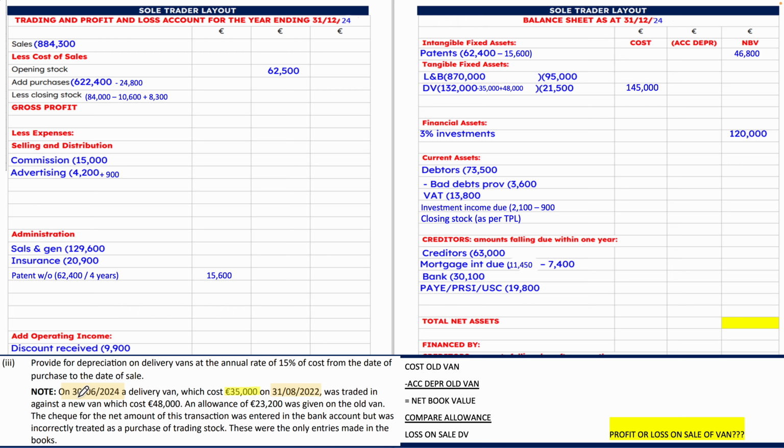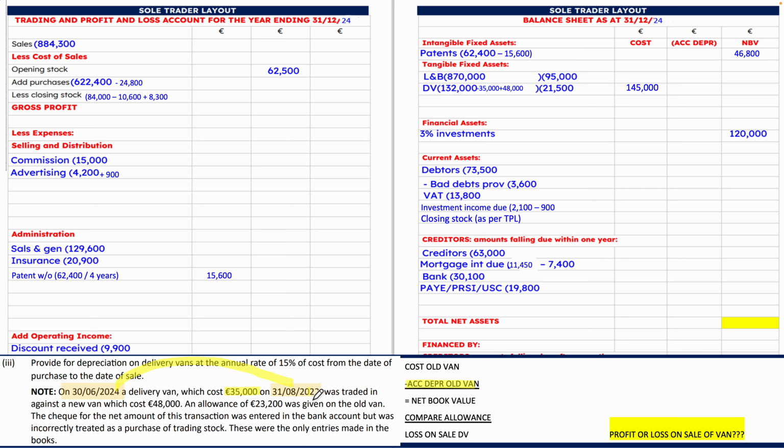And we got rid of it on the 30th of the 6th, 2024. So a very important thing for us to do is note how long we had this delivery van for, and then we can work out the accumulated depreciation on that old van.